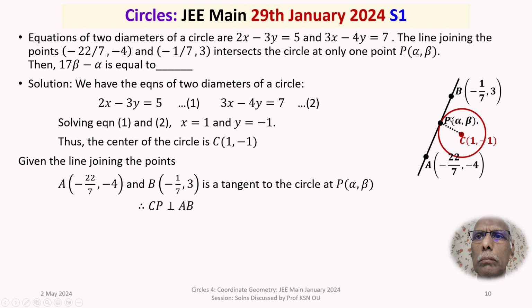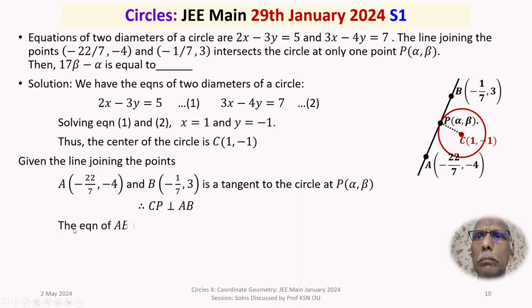The point of intersection will be P with coordinates alpha, beta. Thus we get the coordinates alpha, beta. So the plan is first find the equation of AB, secondly find the equation of CP and intersect.